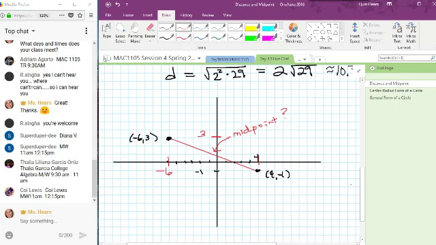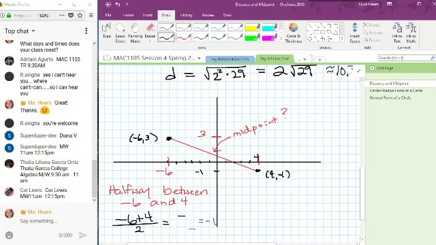So how do you find the average of two numbers? You just add them up and you divide by 2, right? So for example, if I wanted to find what's halfway between the x values -6 and 4, all you do is you add -6 and 4 and you divide by 2.